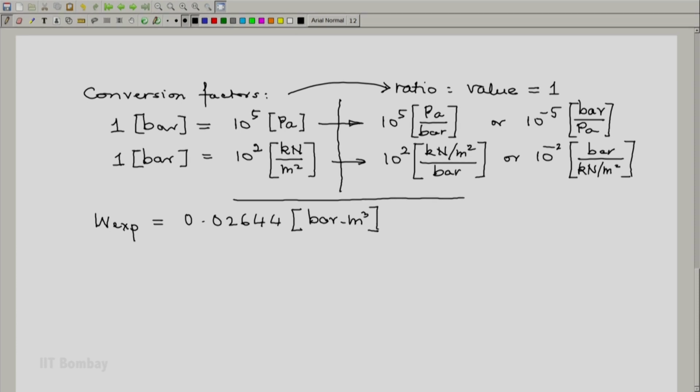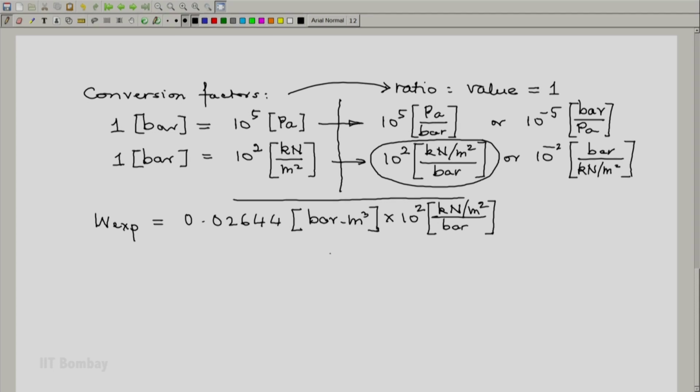Since we want to go to, say, kilojoules, we will use a conversion factor which will allow us to get rid of this bar and convert it into something like kilonewton or newton. And we will see that this is the conversion factor which is useful. So all that we do is multiply this by this conversion factor whose value is 1.